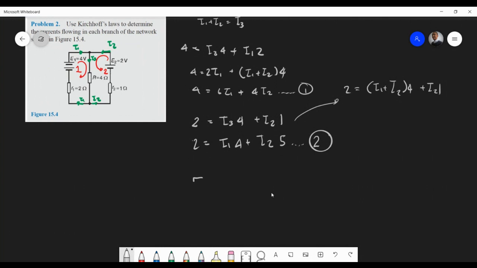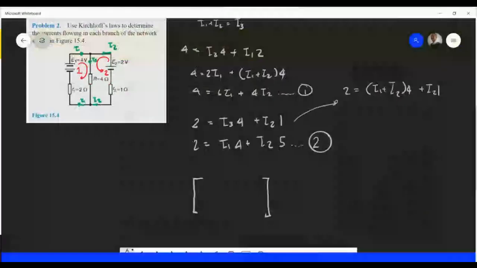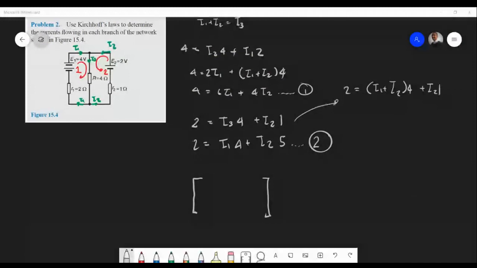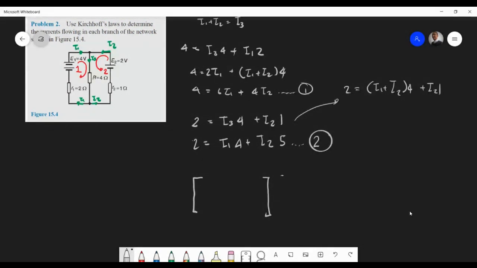So now you guys are big boys, and this is why you've done matrices, and I'm going to show you what you need to do now, right? So you've got to make a matrix, and this is why we use beautiful Casio calculators. And what we do now, we have a 2 by 2 matrix, if you can see it, right? And this is going to be equal. So here we have I1 and I2.